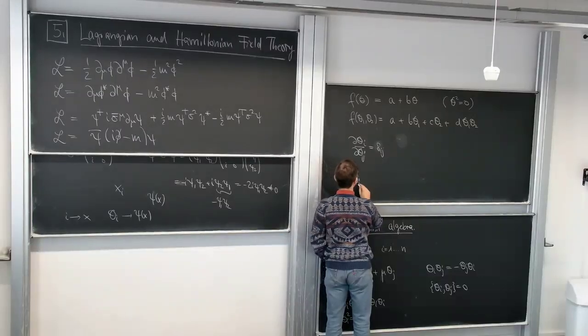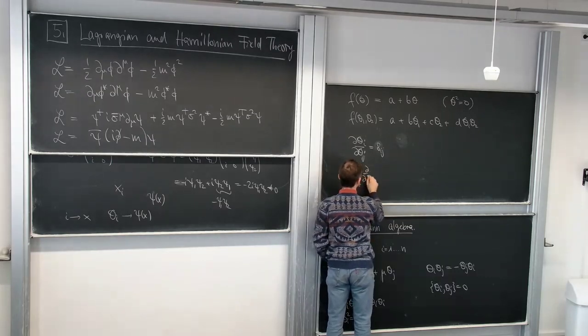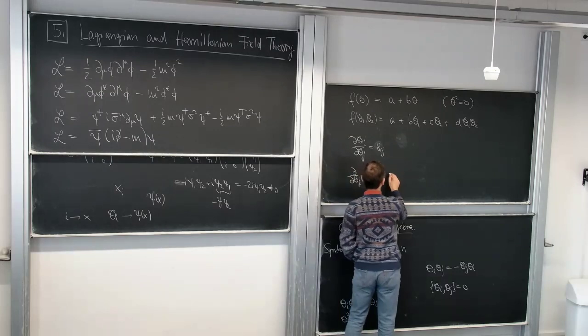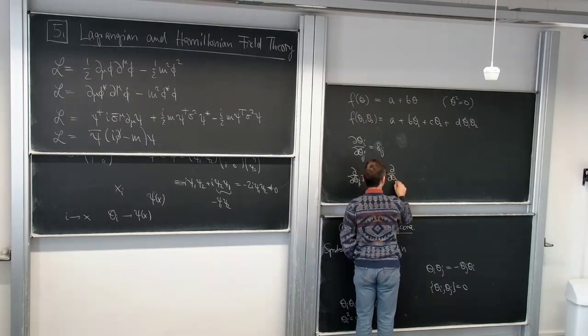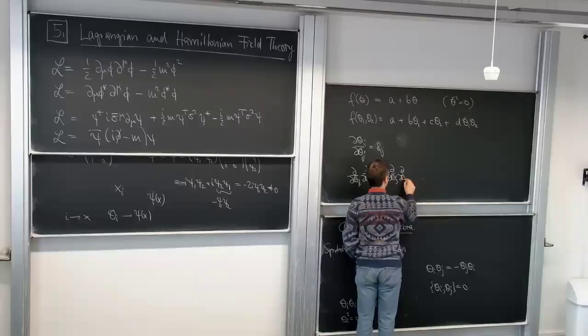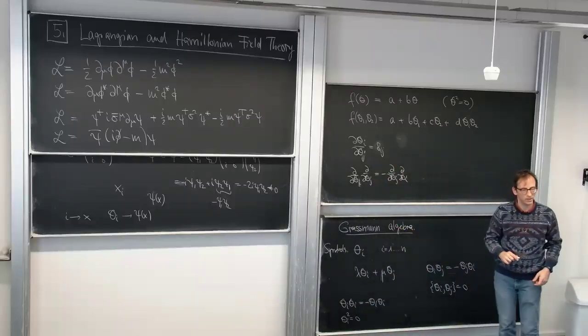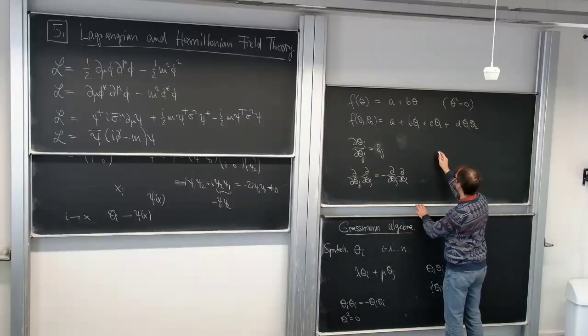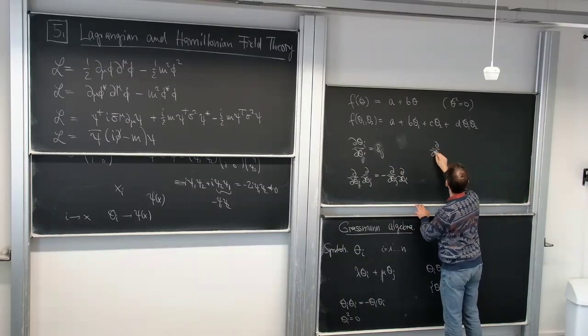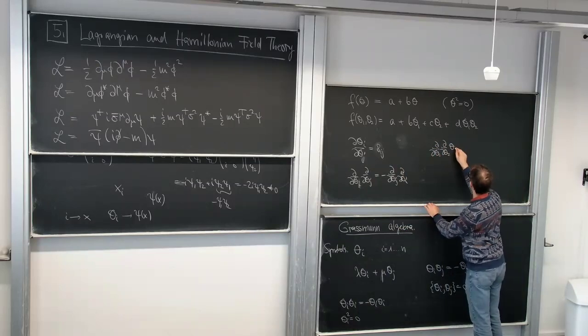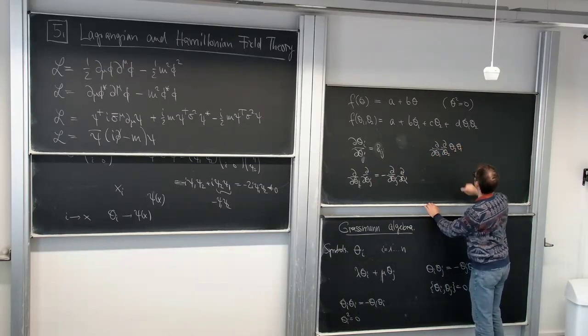So d by d theta I, d by d theta j has to be minus d by d theta j, d by d theta I. Why is that? Let's take the derivative. Just as an example, I take theta 2 theta 1.